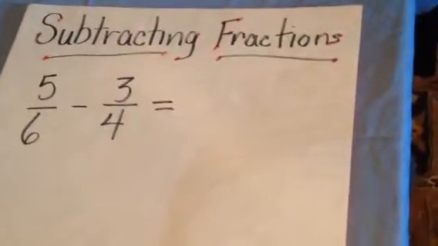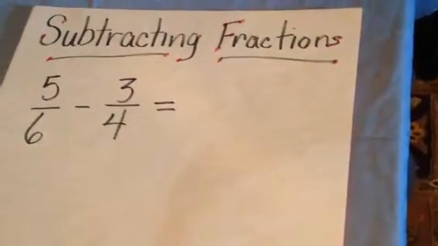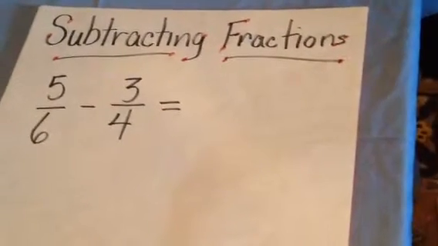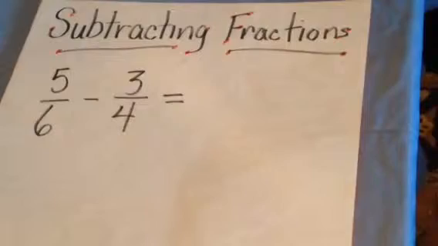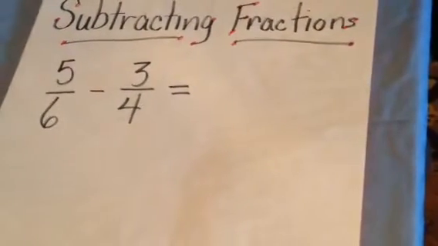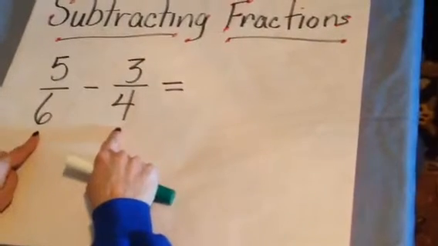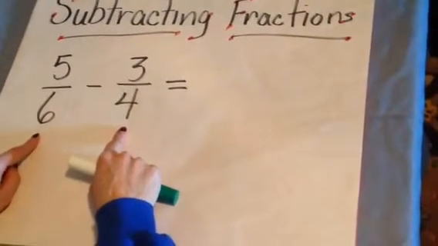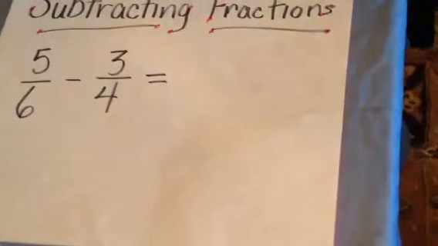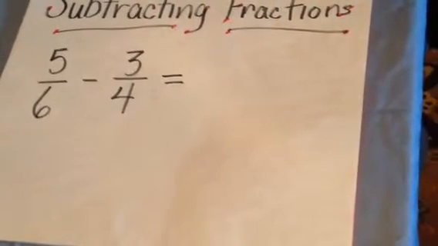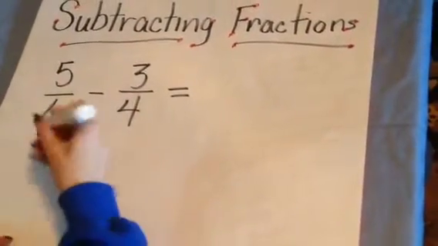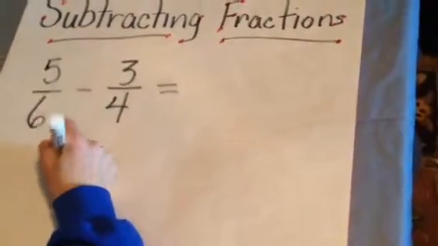We're now going to move on to subtracting fractions. This problem is 5/6 minus 3/4. But I have a bigger problem than I did with the adding problems, because neither one of these numbers, the 6 or the 4, can be used as a common denominator. Therefore, I have to think of my least common multiple for 6 and 4, and I realize that that number is actually 12.